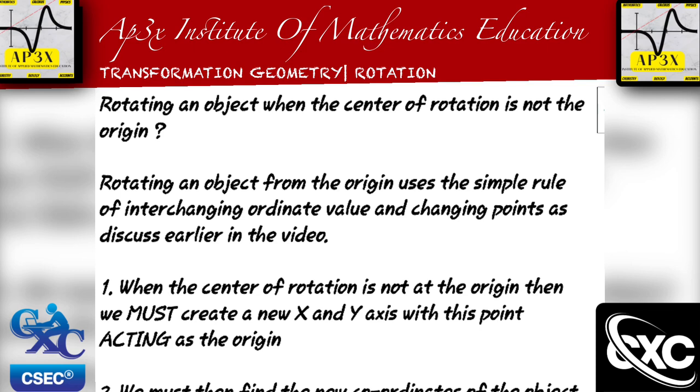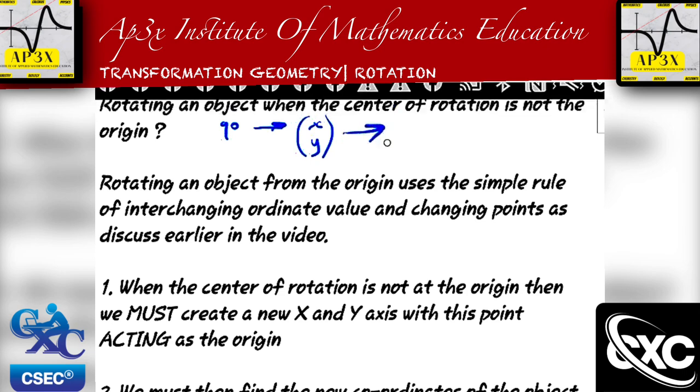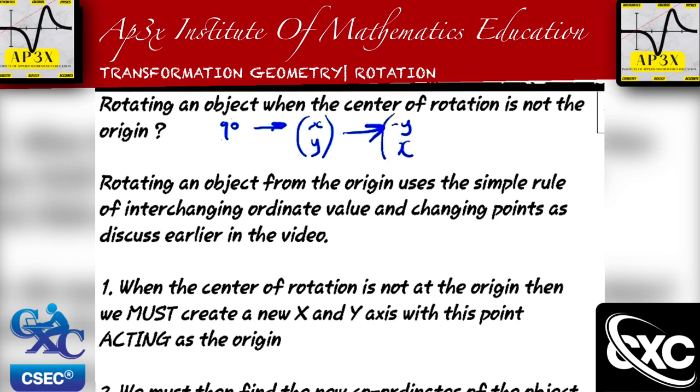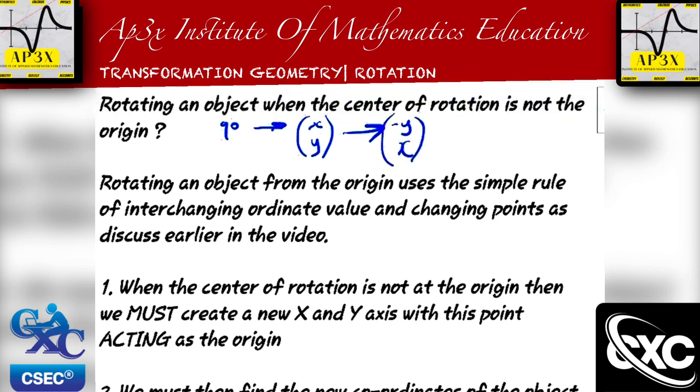Now let's recap those changes from part 1. We said that in a 90 degrees rotation, if you have a random point (x, y), then it's going to flip, it's going to interchange, and the y value is going to change sign. That's what we went on with.